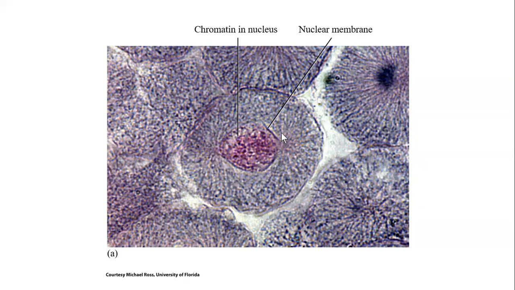So while it doesn't look like a lot is happening, this cell is crazy busy creating new organelles and doubling the chromosome number. Typical appearance under the microscope is that you can see the nuclear membrane, and inside the nucleus there's this fuzzy pinkish material.